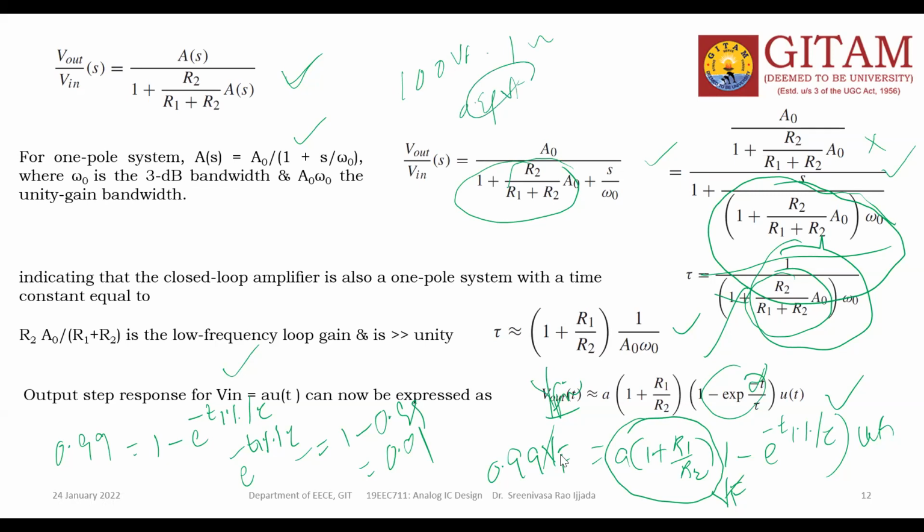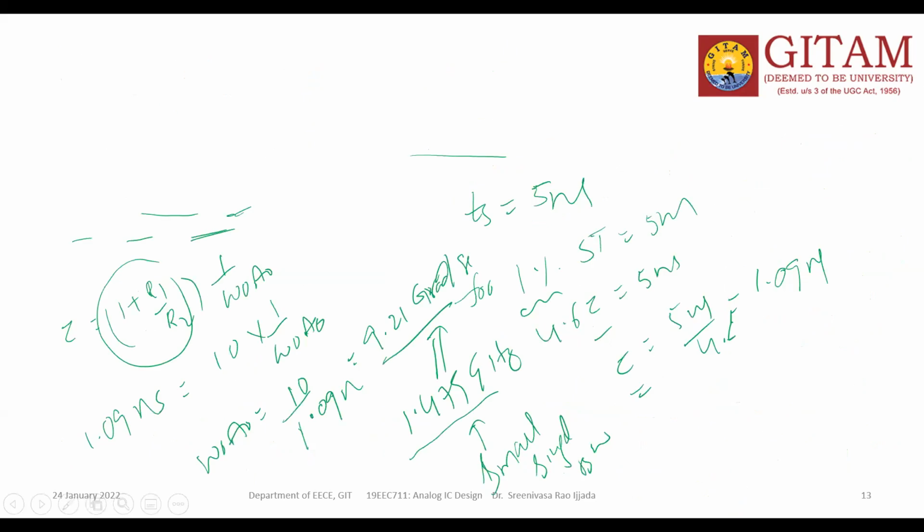You can substitute here, VF and VF get cancelled, then rearrange this equation and apply the log on both sides. Finally you get the tau value: t for 1% is equal to 4.6 tau.